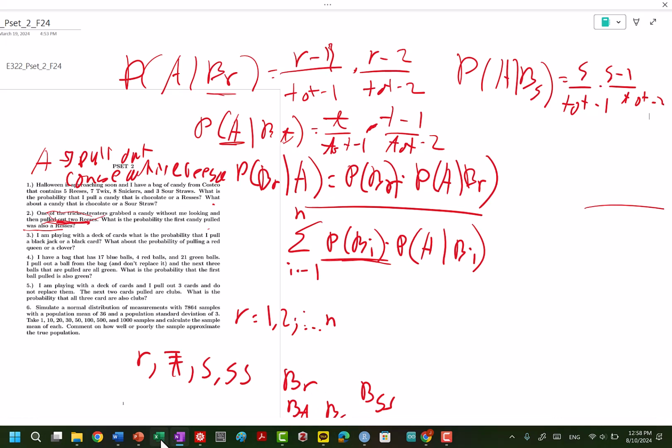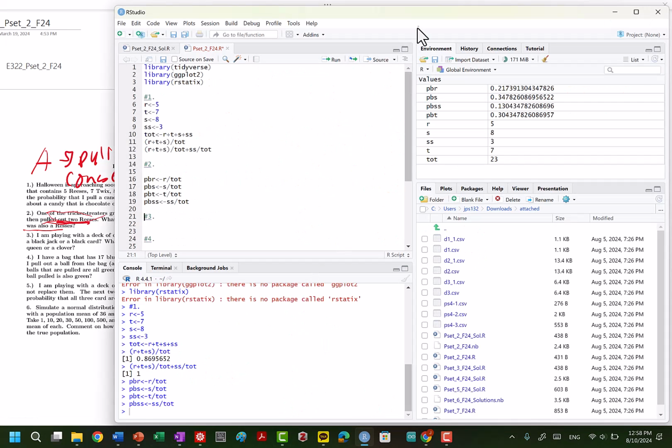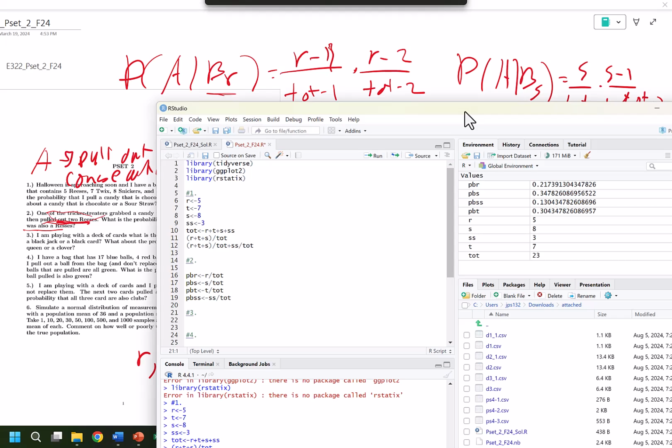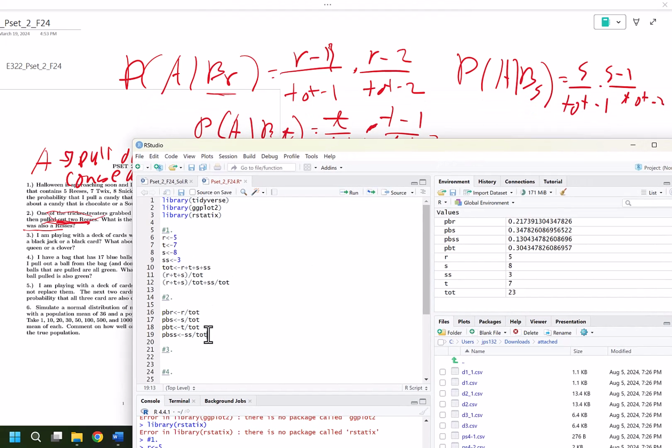So let's go into R and build in that functionality. So we have our PB. I'm going to call this now PABR, and that's going to be equal to R minus 1 divided by tote minus 1 times R minus 2 divided by tote minus 2.